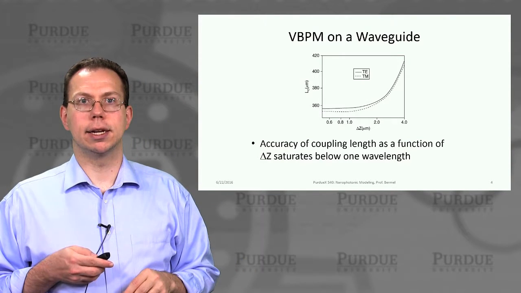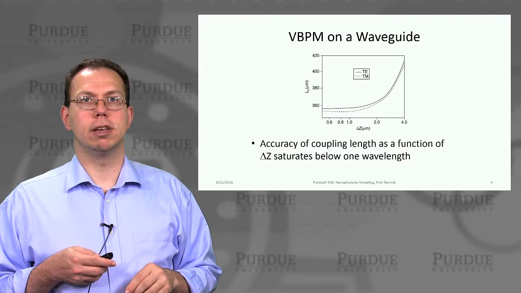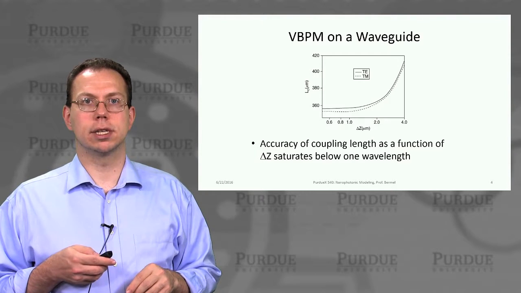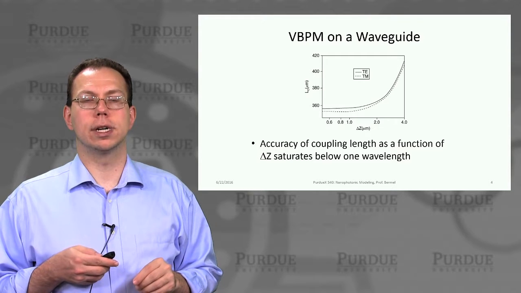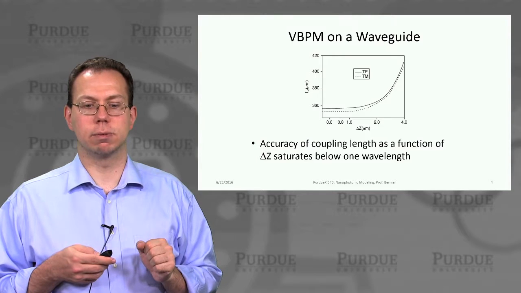So that means that as long as the refinement is good enough, then we should be totally fine. We don't have to make delta z arbitrarily small in order to get very good answers, which is encouraging in terms of the timing of this sort of approach.